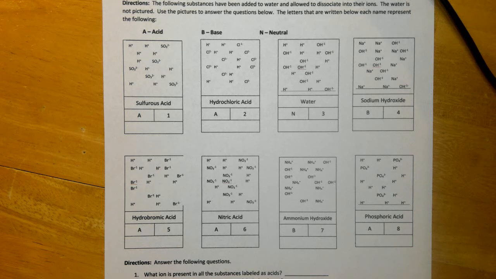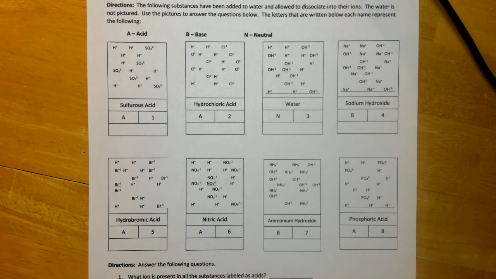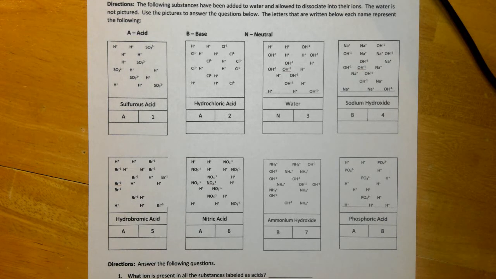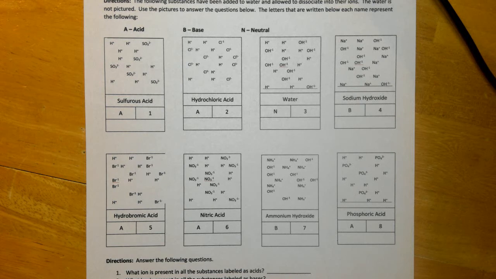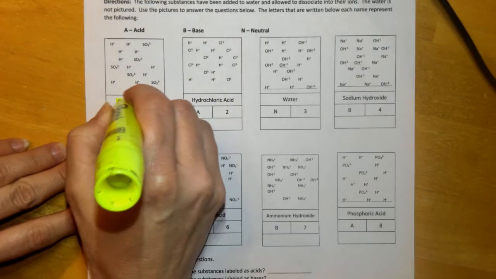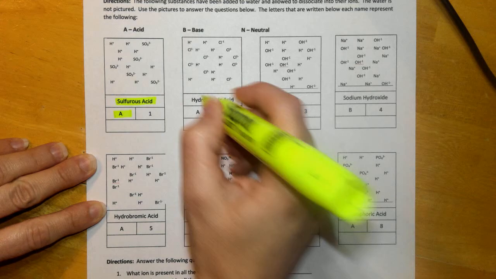Okay, so this lesson is going to review and introduce acids and bases for you. So we have this picture here with several different acids and bases. What I want to do first of all is just highlight all of the acids in one color, just so we can bring some attention to it.